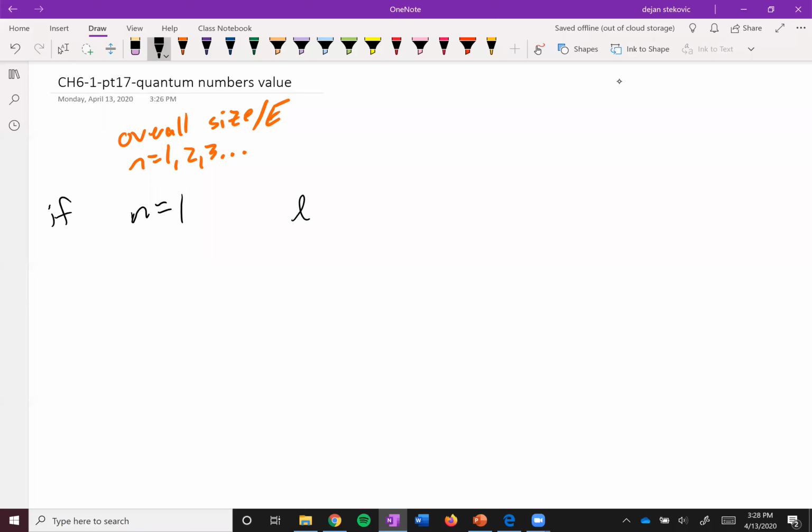And then after that, we have L, and L is equal to from 0 all the way to n minus 1. So n here is 1, so 1 minus 1 is 0, so this number can only be 0. And this tells you the shape of the orbital. So in this case, L is equal to 0.